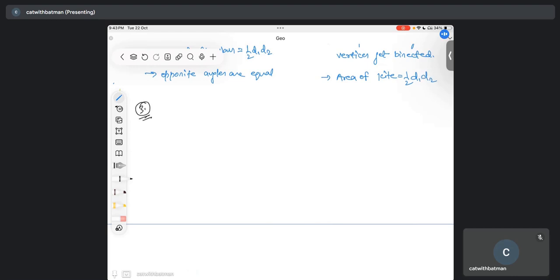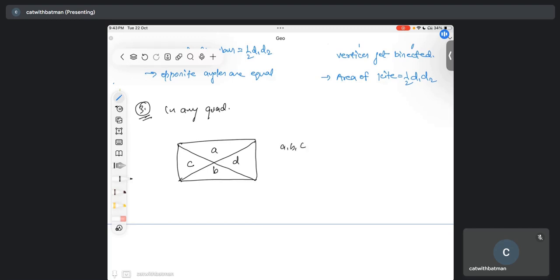Let me tell you about the third thing in any quadrilateral. So I'll write that down: in any quadrilateral, this is the quadrilateral, and these are the diagonals. This is A, this is B, this is C, this is D. These are areas.